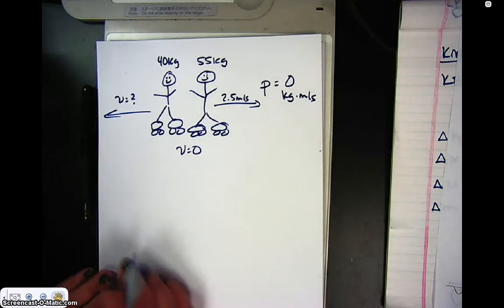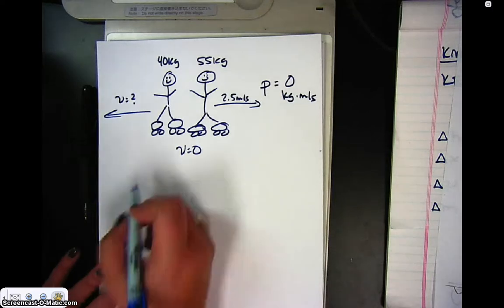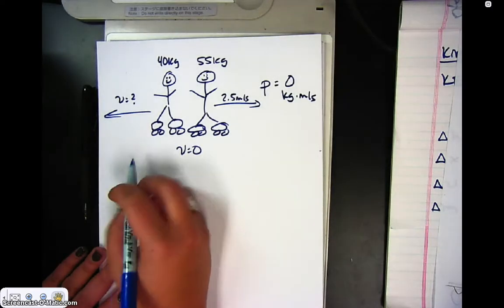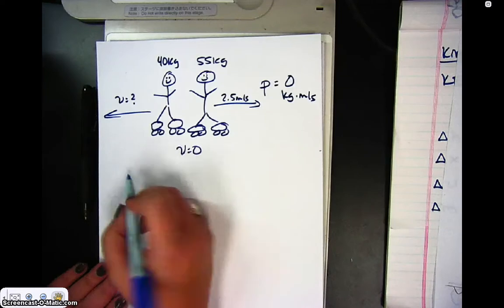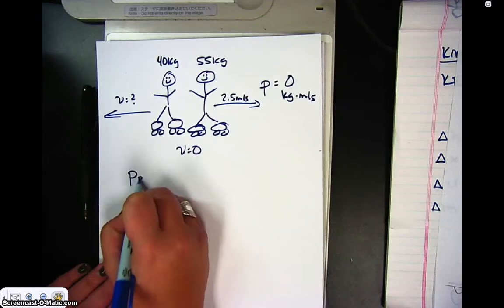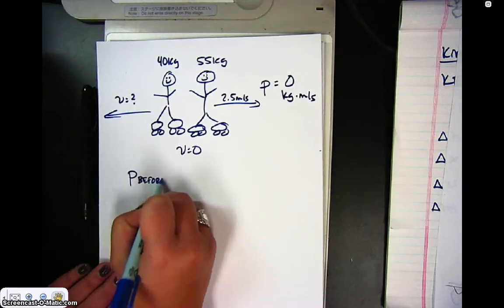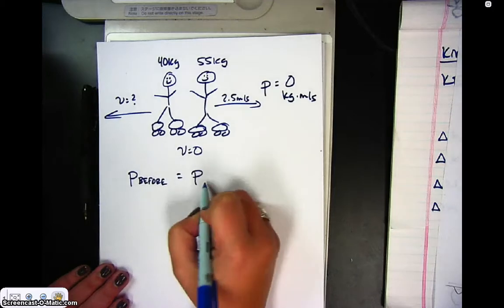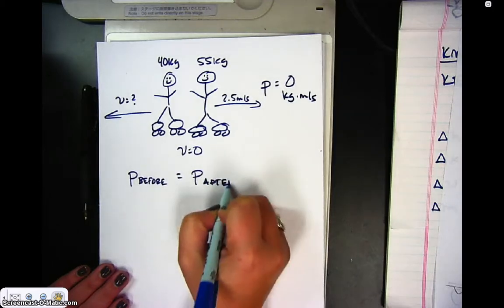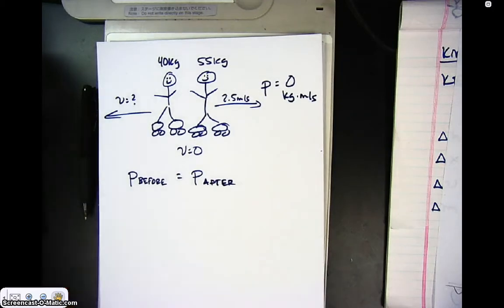Our equation would be that the momentum before the explosion must be equal to the momentum after. This is the idea that we're going to use with all of our collision and explosion equations from here on out. We look at what's involved in the situation before, and we calculate.